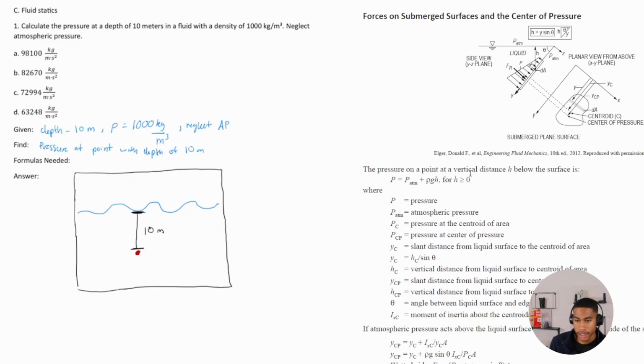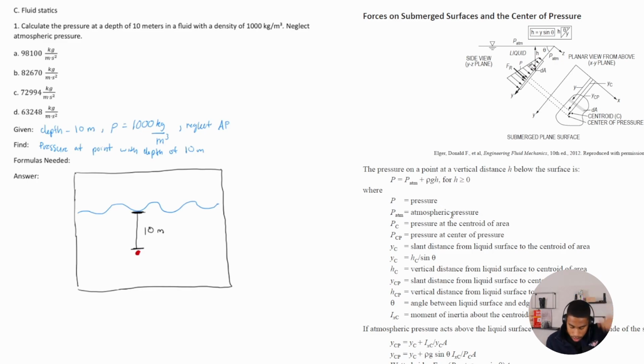The pressure on a point at a vertical distance h below the surface is P is equal to, what does P stand for? P is pressure. P atmospheric, or PATM, is atmospheric pressure, which we're neglecting. The rho is density. That's the symbol for density. G is gravity. And then h is that vertical distance.